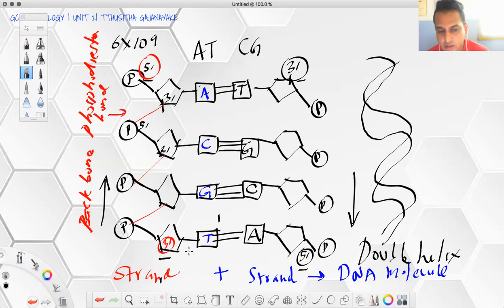Right, if you can already copy this one, I can briefly give an idea how this DNA molecule can function in the nucleus. So it is like this.